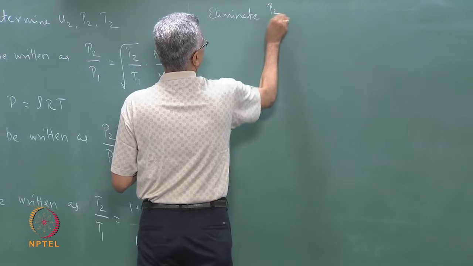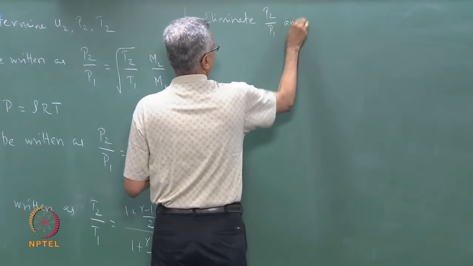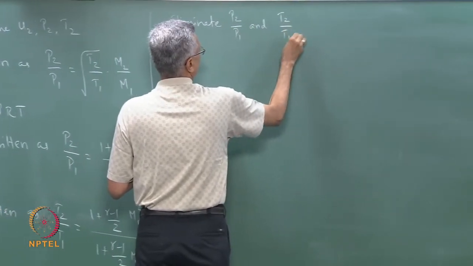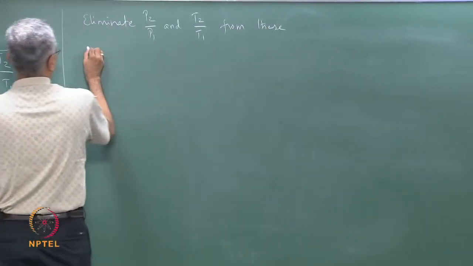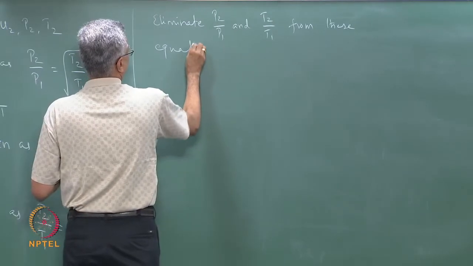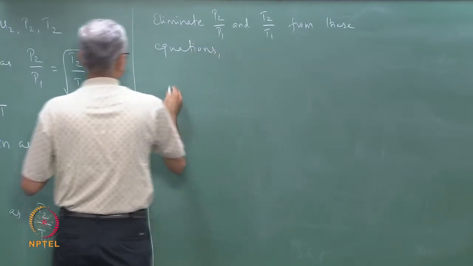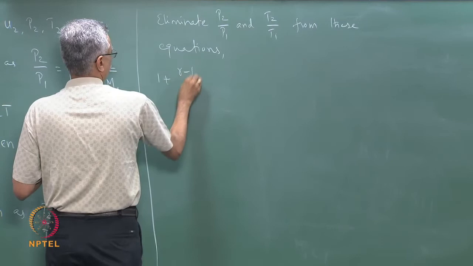So if I eliminate P2 over P1 and T2 over T1 from these equations, I end up with the following relation.